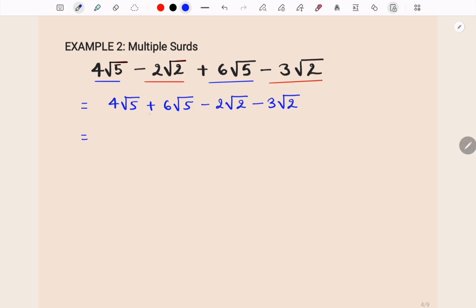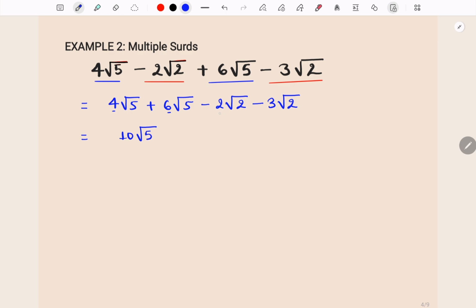We have 4 root 5 plus 6 root 5. Now remember what I have just told you, that we need to only operate on the coefficients, that is 4 added to 6. 4 plus 6 is 10, so it would be 10 root 5.